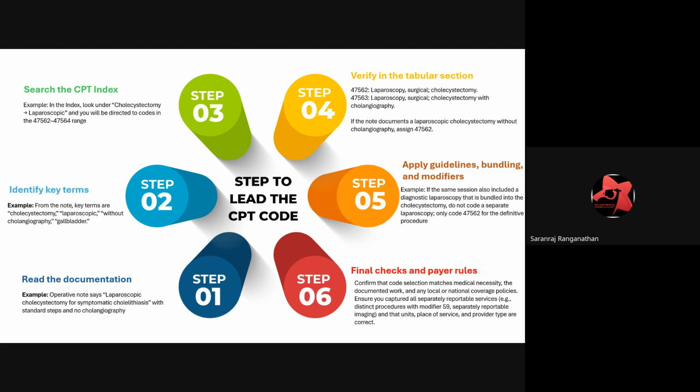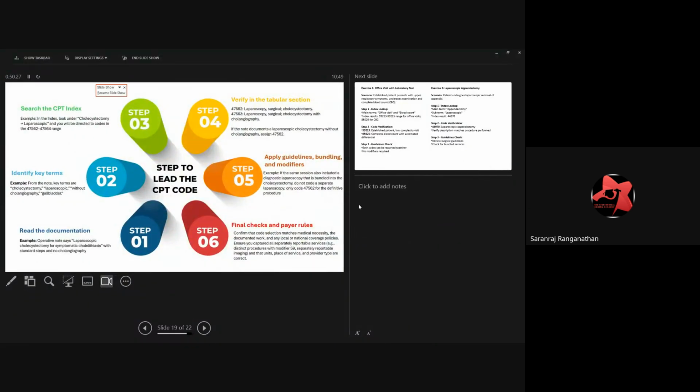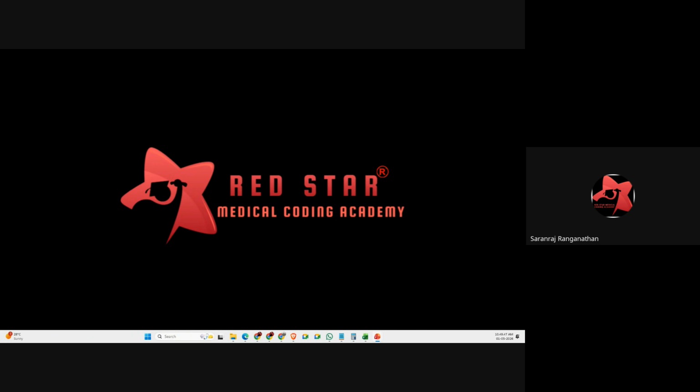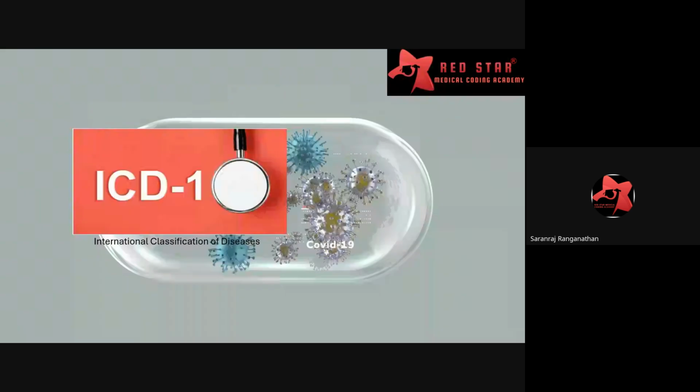So let's share the screen. Able to see the screen now?